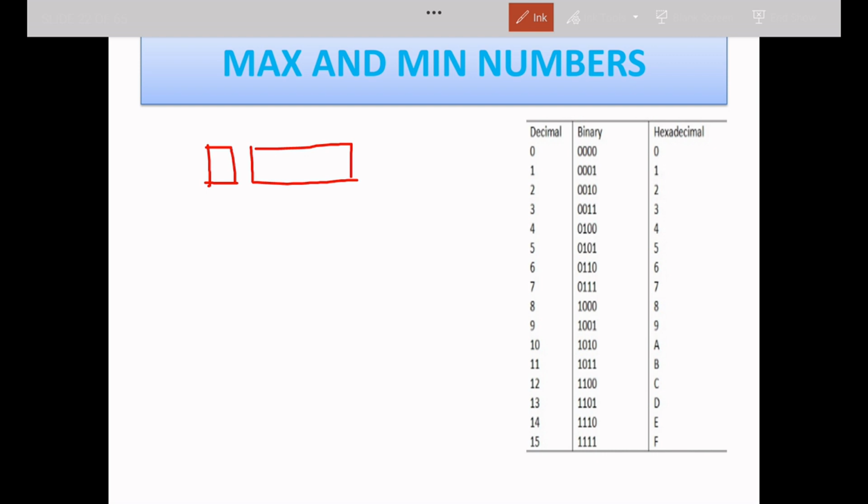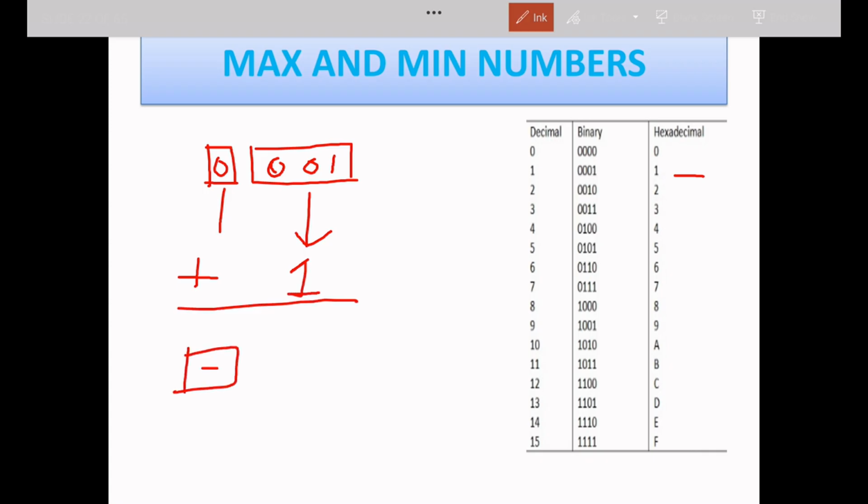Suppose I write 0001: the 0 indicates plus, and the magnitude 001 is 1, so this is plus 1. If I want minus 1, I write 1 as the sign bit and the remaining 3 bits the same, 001. So this is actually minus 1 because of the sign bit.